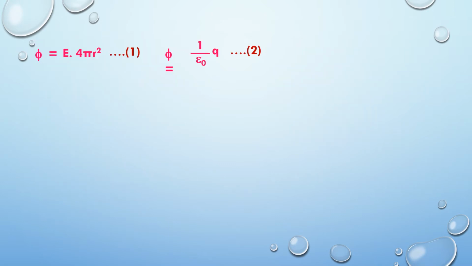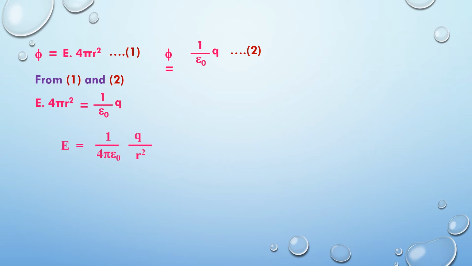Next, from equations 1 and 2 we get E times 4 pi r squared is equal to 1 upon epsilon naught into Q, or E is equal to 1 upon 4 pi epsilon naught Q by r squared. This is your expression to find the electric field at a point outside a charged spherical shell.